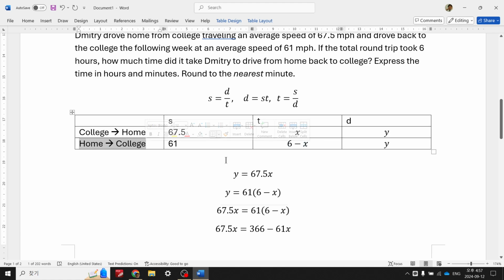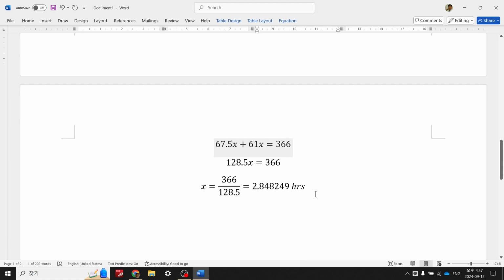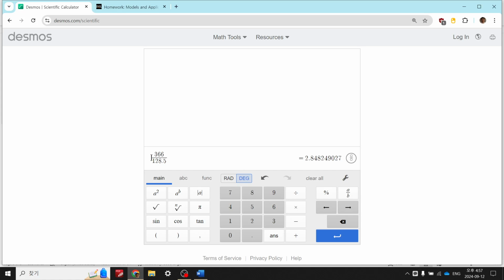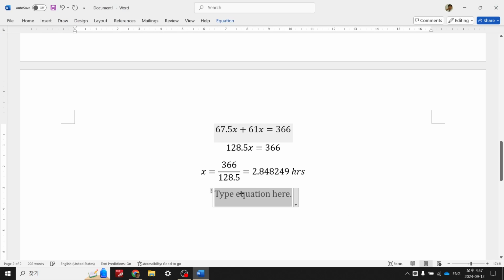So it's asking for home to college, which is 6 minus x, which means we still have to do further calculations. You have to do 6 minus this value. So let's do it this way. 6 minus this value, which is 3 point, whatever that is. So we have that 6 minus x is equal to this.